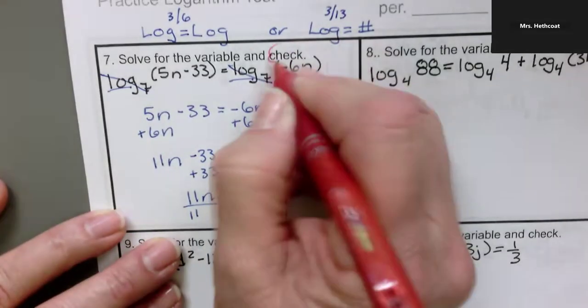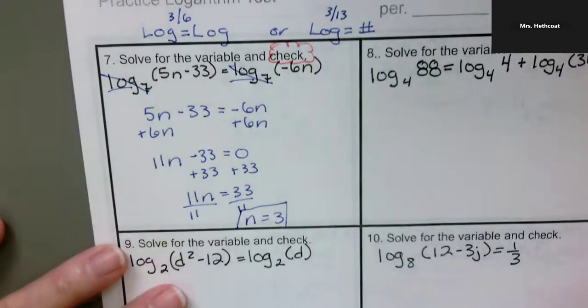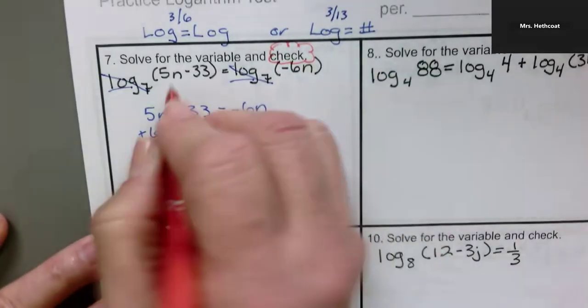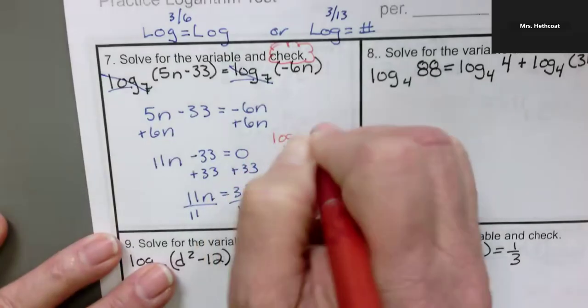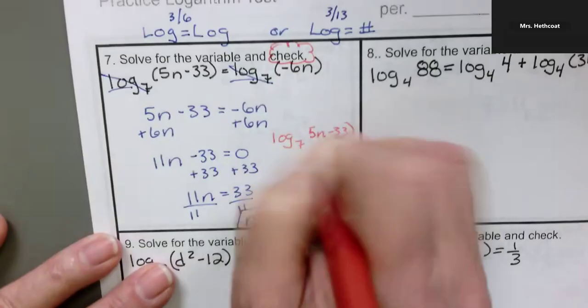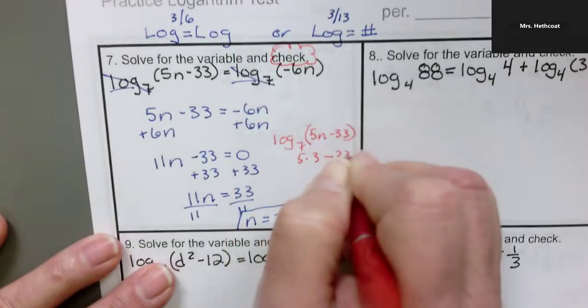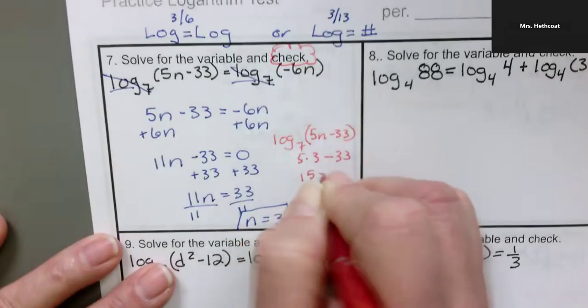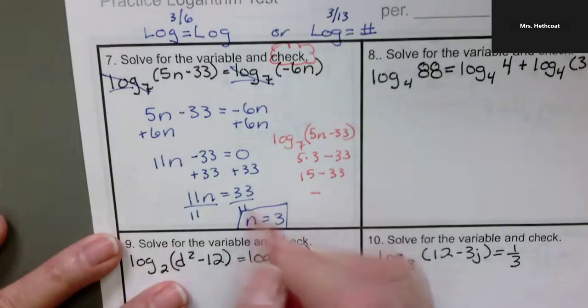Make sure that we check that we don't get a negative log. So I take 3 and I'm going to plug it in here. So we go log base 7 of 5n minus 33. 5 times 3 minus 33. 5 times 3 is 15 minus 33. I don't know what it is, but I know it's going to be negative, so this does not work.